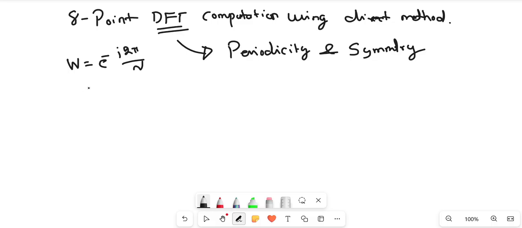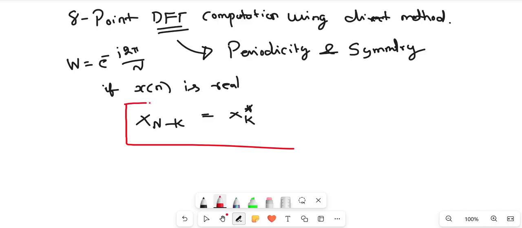If x of n is real, for example, the symmetry property: X of N minus k is equal to the complex conjugate of X of k.